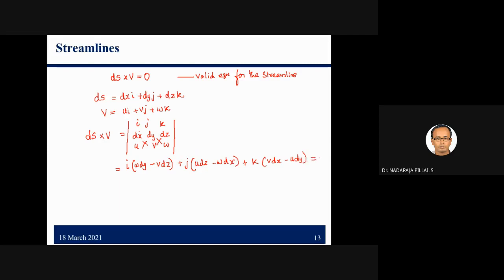According to our definition of the streamline, we can equate it to 0. So the vector given in this equation is equal to 0.